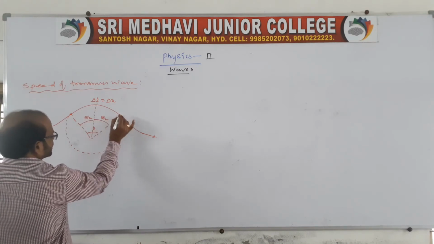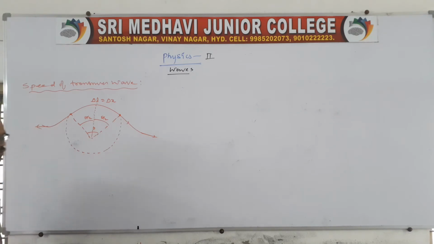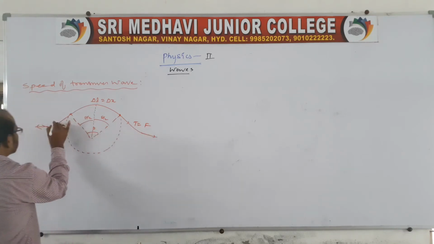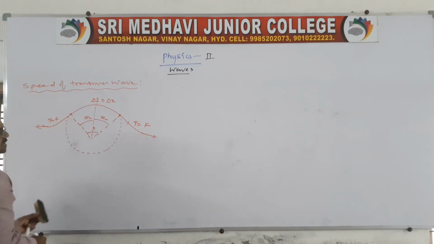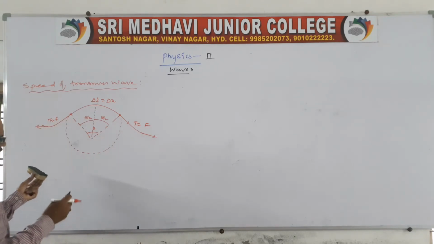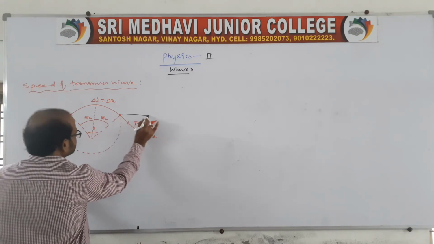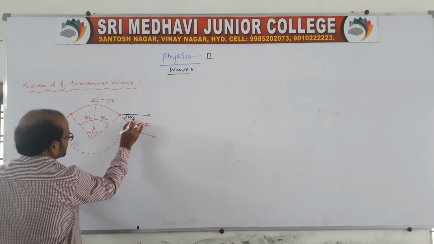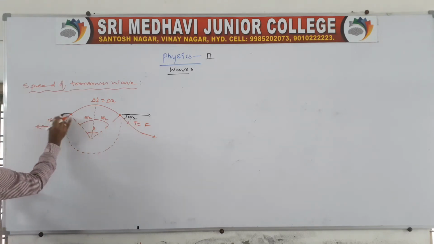At this point, there is a tension acting along the string, so we can say tension or force: T is equal to F. Here also T is equal to F, tension in the string or force. At this situation the angle is the same theta by 2. Here also you draw a line; it is represented as theta by 2.